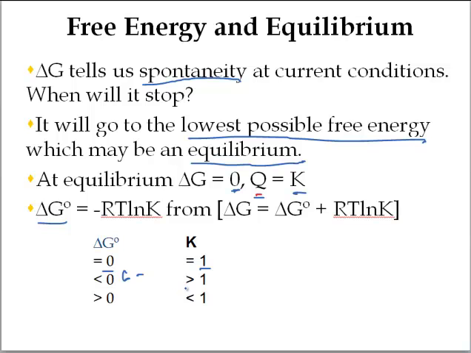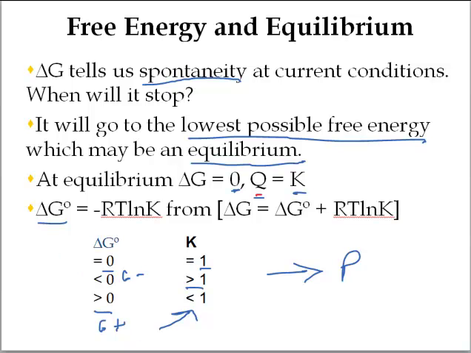So how would that relate to K? That means K is large, and so we are going to make products, so it's product favored. What about a situation where G is greater than 0? In other words, G is positive. We know that's not a favorable thing, that's not a spontaneous reaction, and therefore the K value for that reaction would be less than 1, and so that reaction would be more reactant favored.